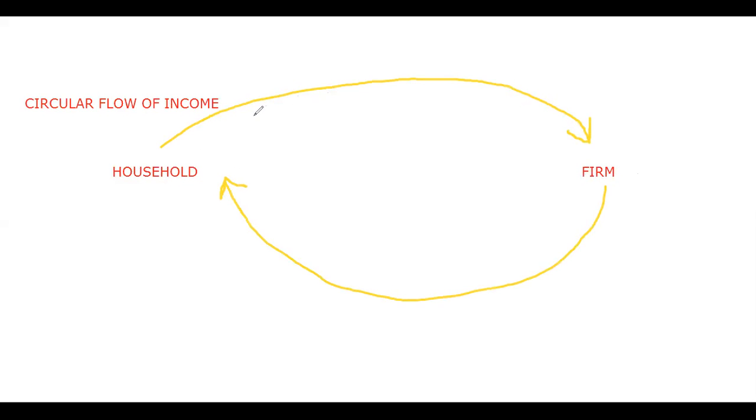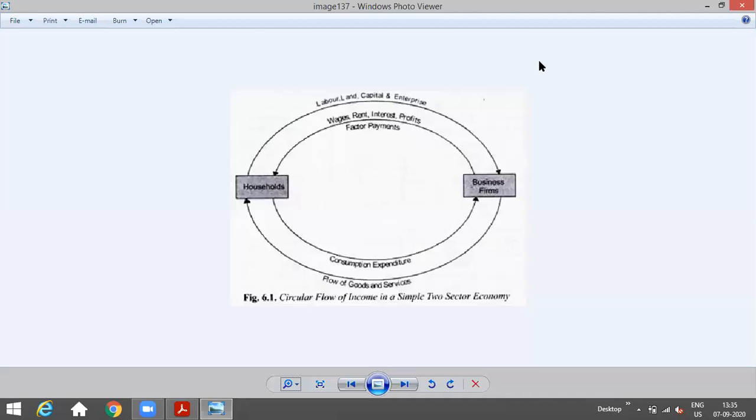First of all, household provides the factor services to firm. Now just have a look at this picture for circular flow of income. We have two sectors, household sector and business firm, and we are taking the circular flow of income in the two sector model. The household sector provides these various services to the business sector. Let me just annotate that for you.